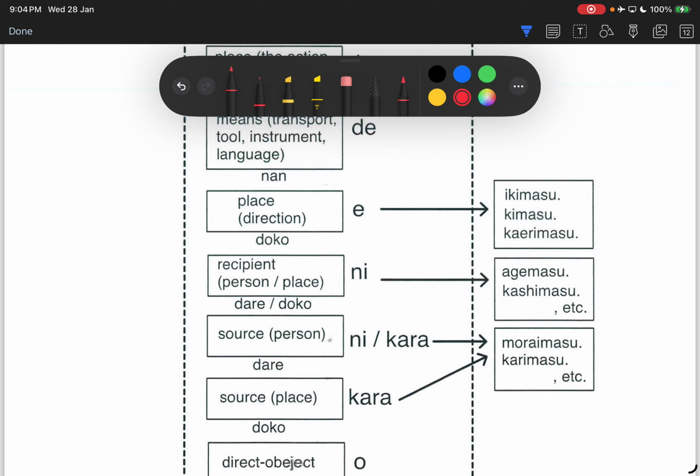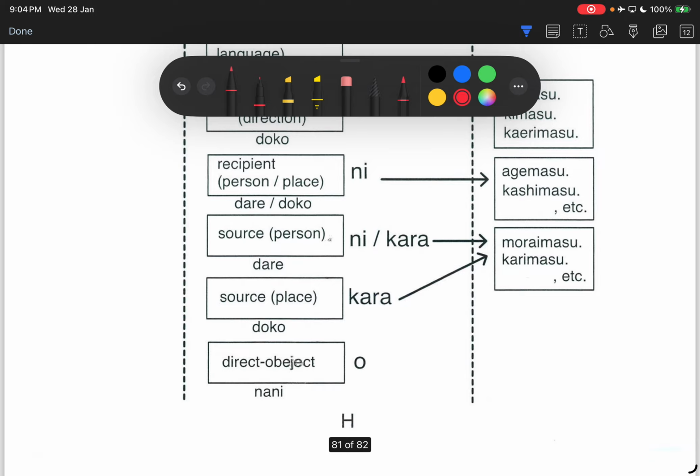But if I don't want to say to a location, I want to use another verb, the giving and receiving verb, then it will be person ni. For example, haha ni agemasu, give to mother. Haha ni kashimasu, lend to mother. This is where we say our recipient.